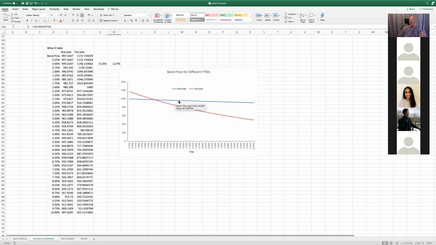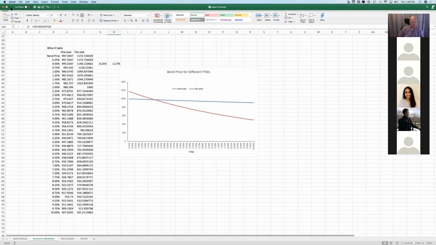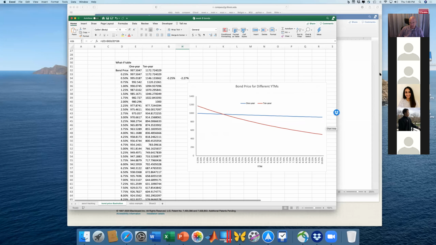This 1-year note has much less price change over this broad range than this 10-year note. All right, so that is the illustration of that bond price change, and we will come back to that later.